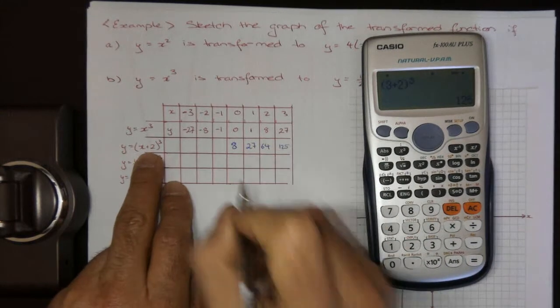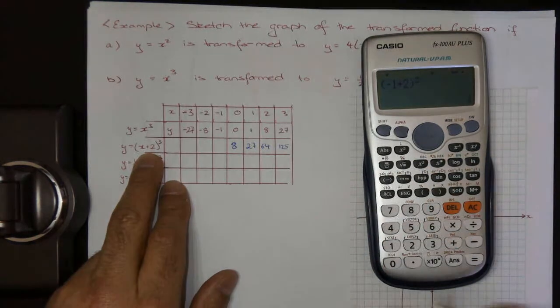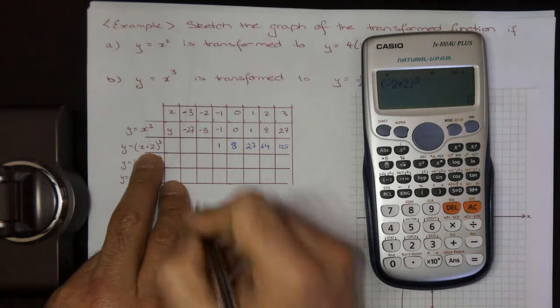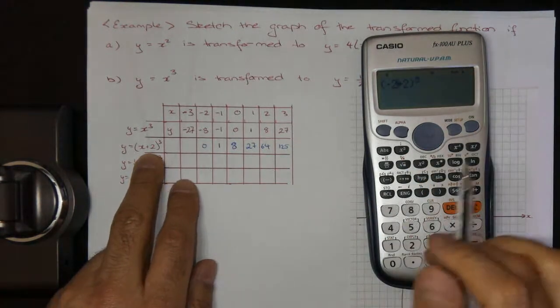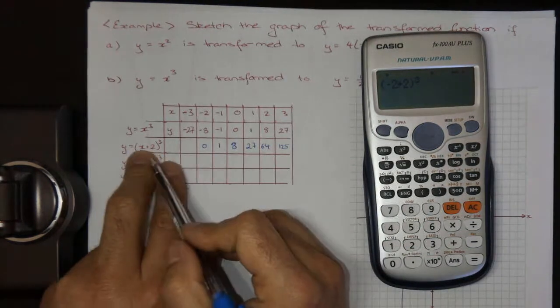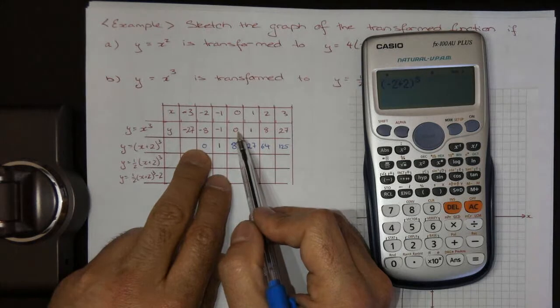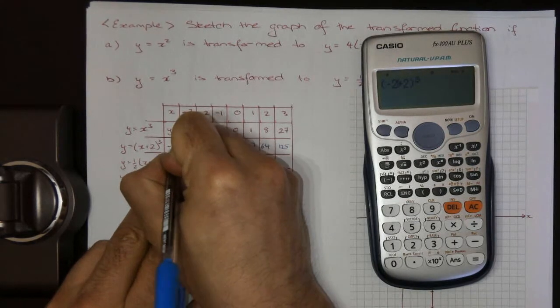Obviously, this is beyond my graph, but that's okay. Minus 1 would give us 1. Minus 2 would give us 0. So see how it's shifted 2 units. So this is going to be negative 1, and this would be negative 8.